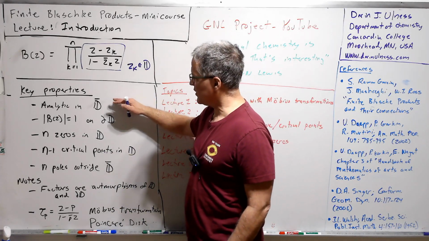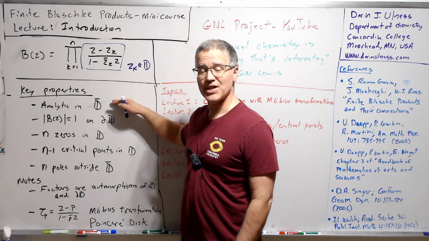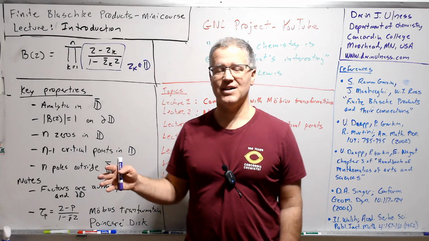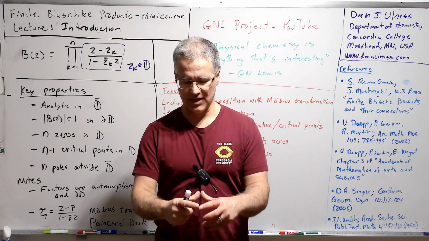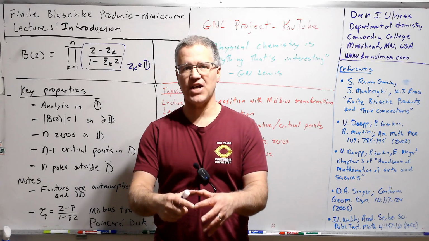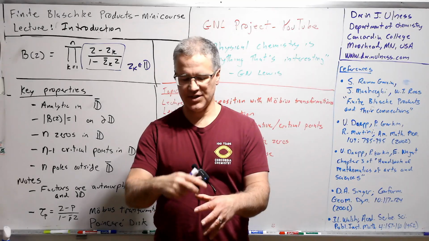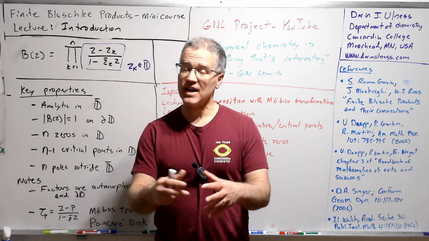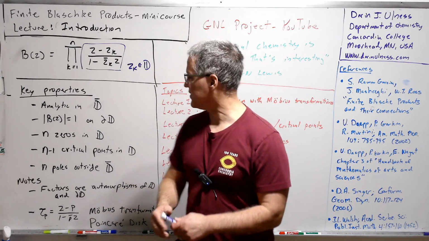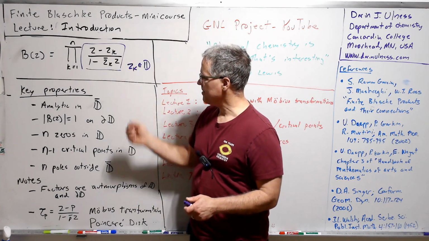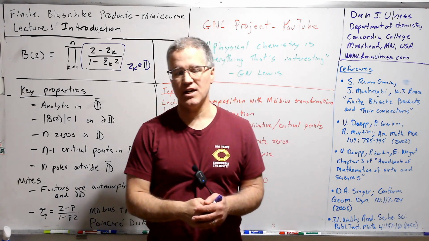Well, so it's really quite nondescript throughout the complex plane inside the unit disk. So inside the complex unit disk, it's an analytic function. It has n zeros, so there's going to be n zeros in there.